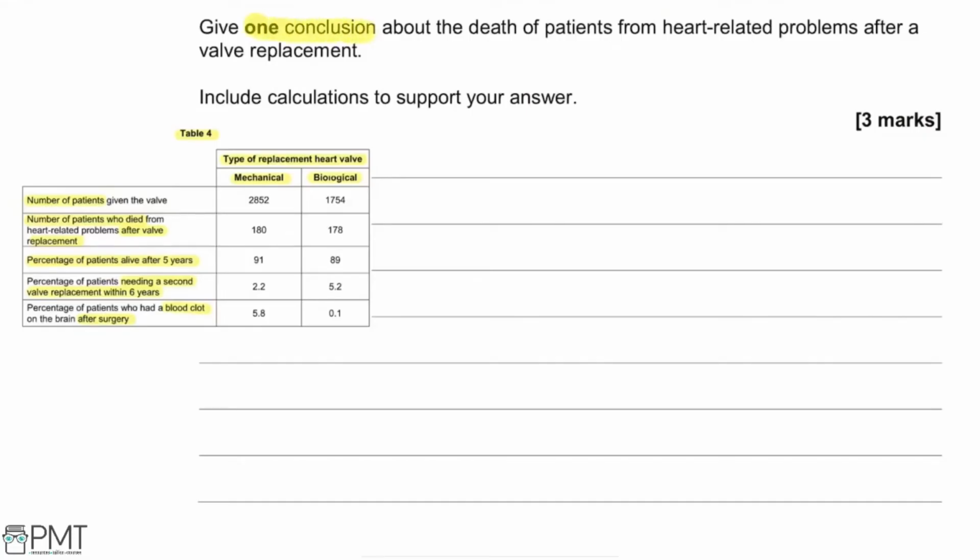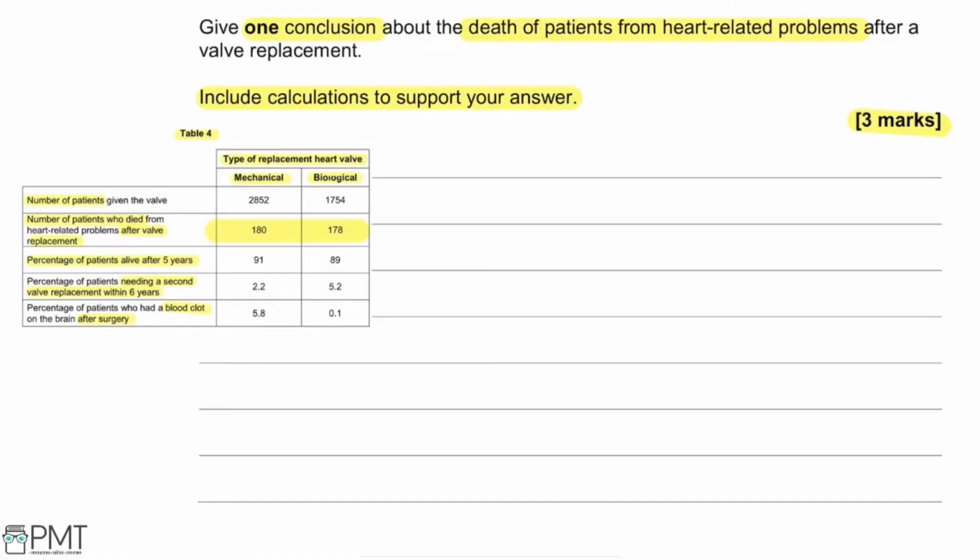So the question says give one conclusion about the deaths of patients from heart-related problems after a valve replacement, and include calculations to support your answer. So this question is worth 3 marks. We've got on the left hand side Table 4 to help us out, and the question's asking us about the deaths of patients from heart related problems, which means that it's the second row down that we're concerned with, those values 180 and 178.